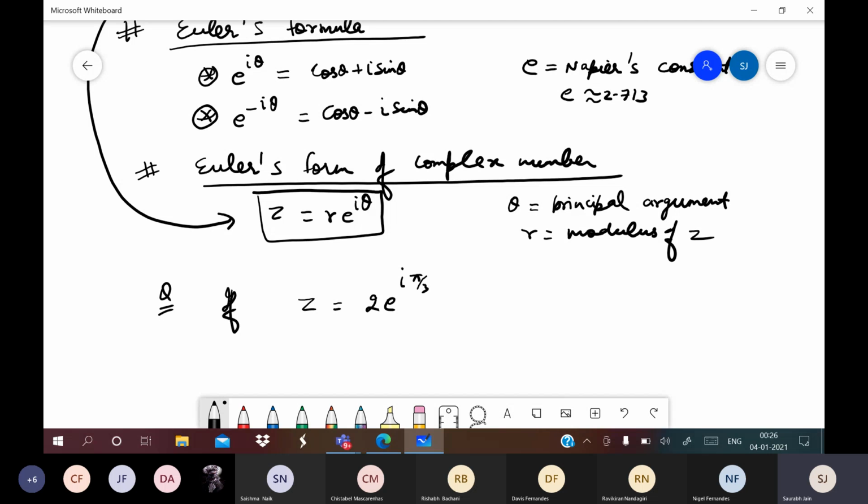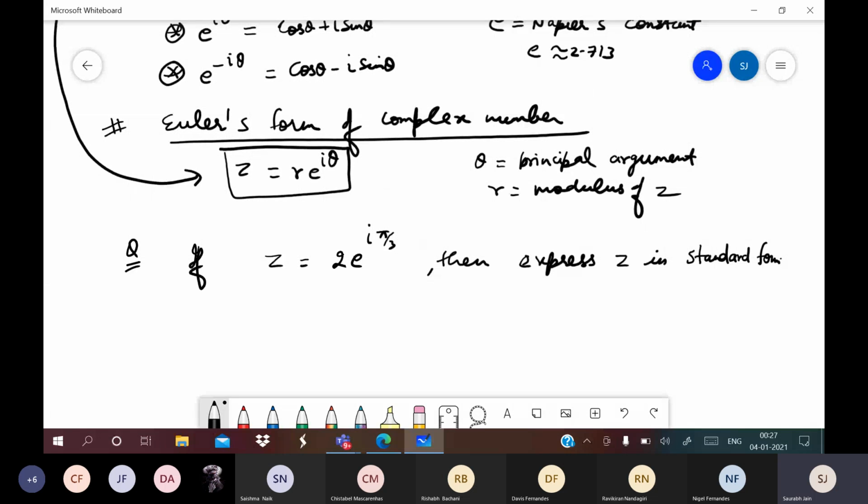Suppose it is written in this form. Then express z in standard form. Suppose this is the question. So the complex number is expressed in Euler's form, okay, and you have to write it in standard form. So what you will do?